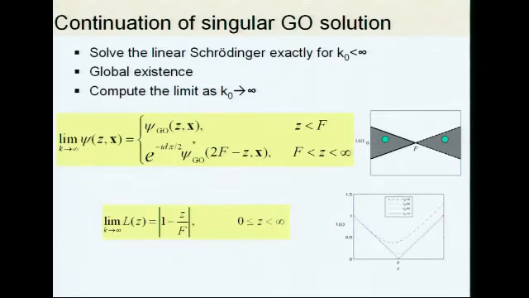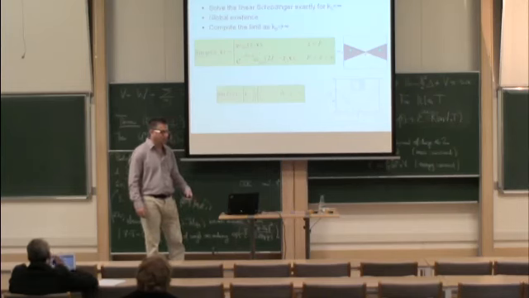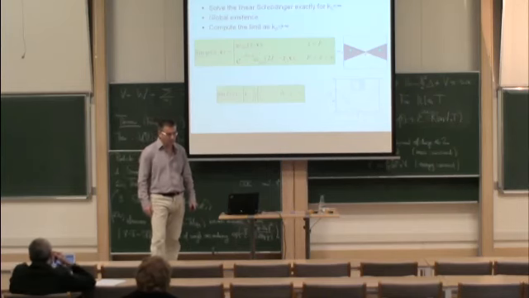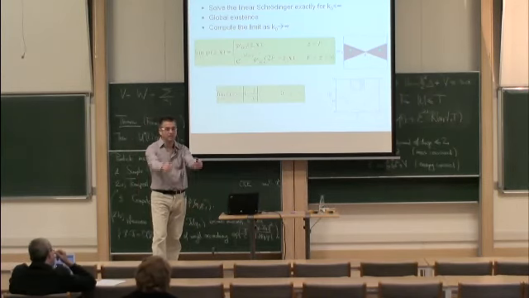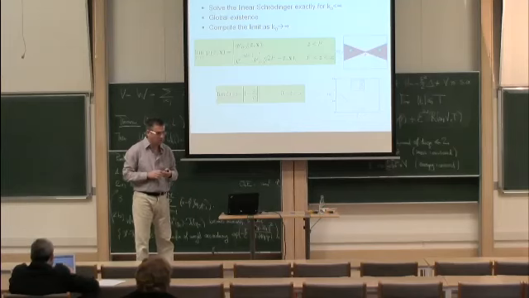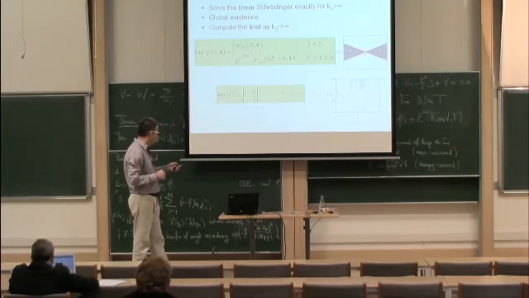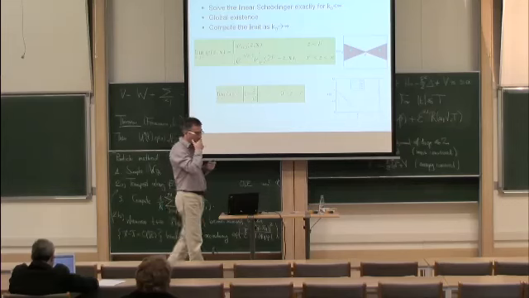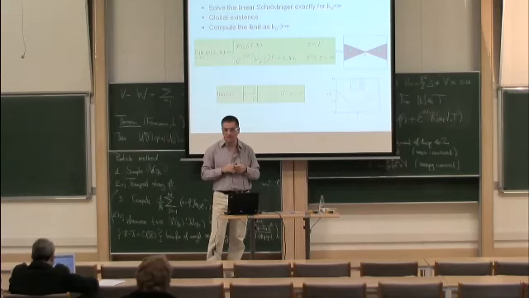But now, if you have linear Schrodinger with Gaussian initial condition, you can solve this explicitly, not just in the geometrical optics limit, but also for any finite k0. The solution exists globally. You can take this solution, which I denoted by psi, and then compute the limit of this solution as k0 goes to infinity.